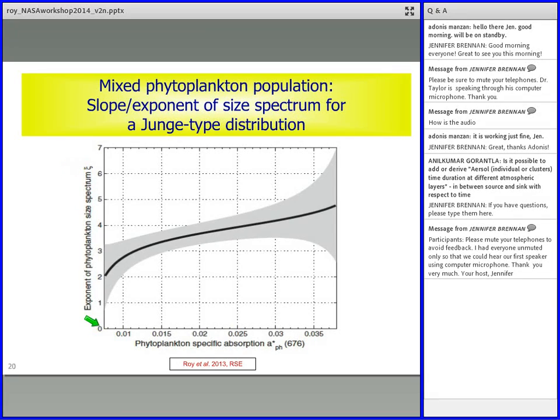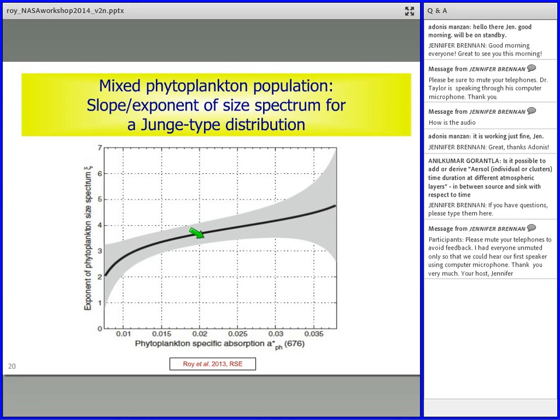And this curve shows how the exponent of the size spectrum varies as the specific absorption of phytoplankton at the red band changes. And the gray area here shows the range of prediction from this model.